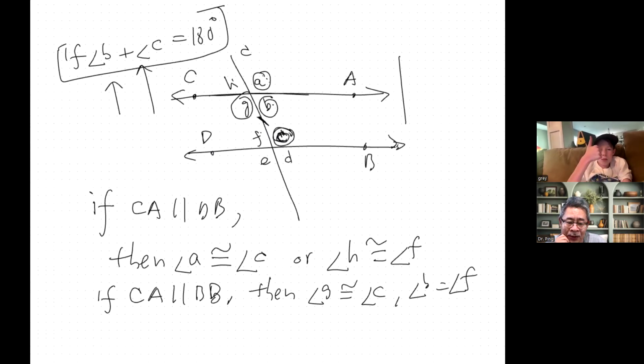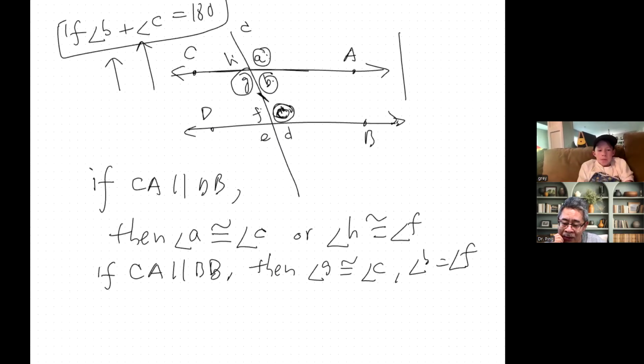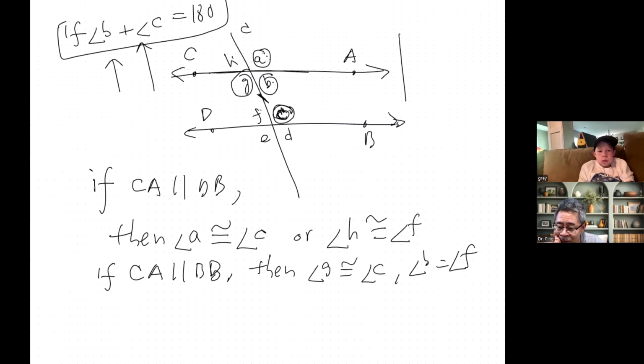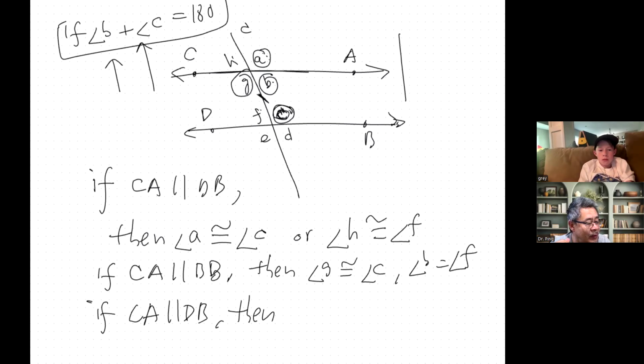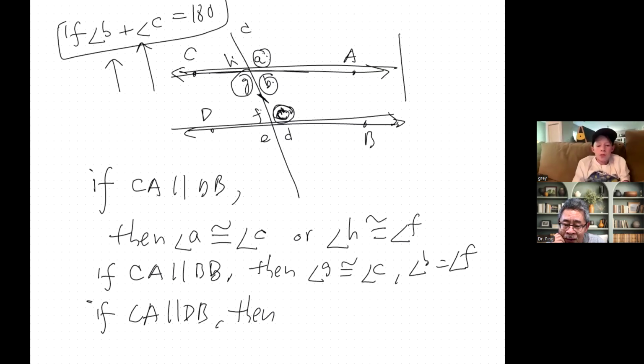Yeah. Grayson, we're good on this? Very good. And now, if CA is parallel to DB, then we know the consecutive interior angles... If two lines are parallel, then A is congruent to C, that's corresponding.